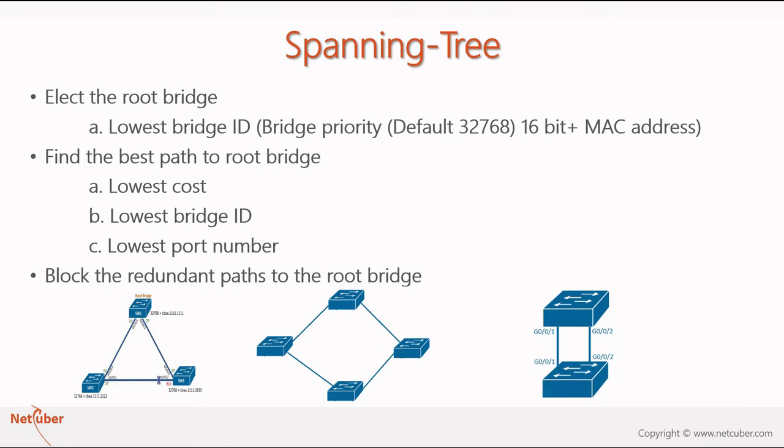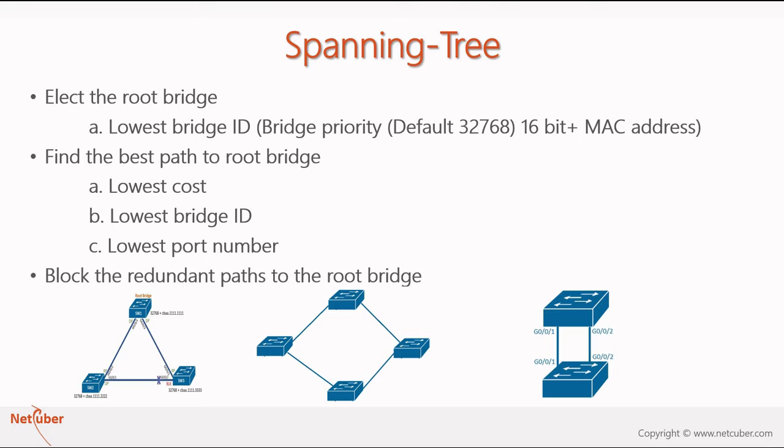So we are the downward switch. From the downward switch to the upward bridge switch, it has the same cost, and the bridge ID is the same. So it has to check for the lowest port number. It always wins from the port side of the root, not from the bridge.